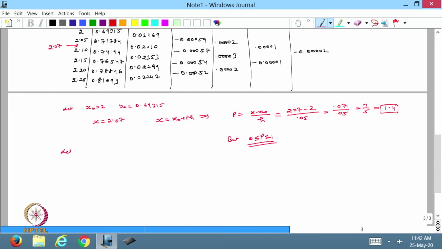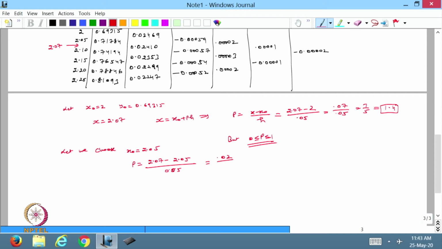So, let we choose x naught is equal to 2.05. So, let us choose this one. So, once I choose this one, the value of p will be 2.07 minus 2.05 divided by 0.05.